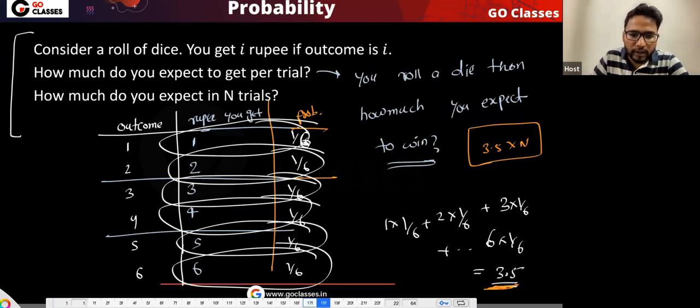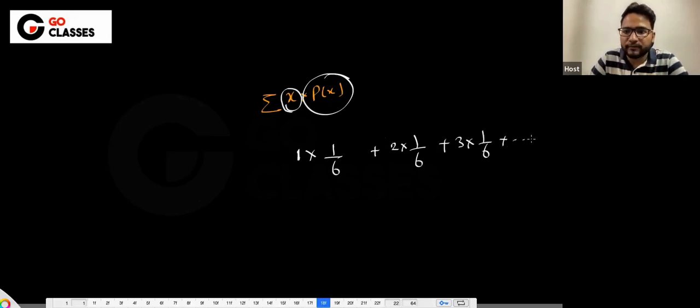I think I have not told you yet, but it is x into p of x, which means the quantity that you have and the probability of this quantity. The quantity is 1, and the probability that you will be winning 1 rupee is 1 by 6, not 1 by 21 or 2 by 21. 1 by 6 is the probability that you will be winning 1 rupee. 2 into 1 by 6 is for winning 2 rupees. 3 into 1 by 6 is for winning 3 rupees, like that. And then 6 into 1 by 6. Then finally 3.5.